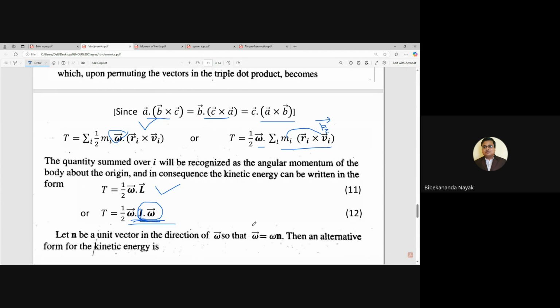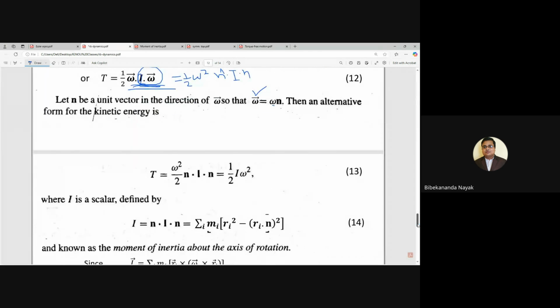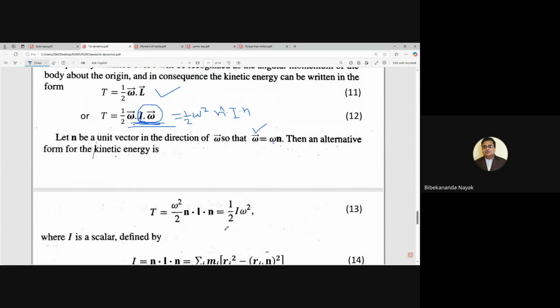If you assume that omega has magnitude omega and direction n cap, then this equation reduces to half, in place of omega we can write omega n cap. Here also another omega, so multiply omega square n cap dot I dot n cap. This quantity is a scalar, known as the moment of inertia, n I n cap.